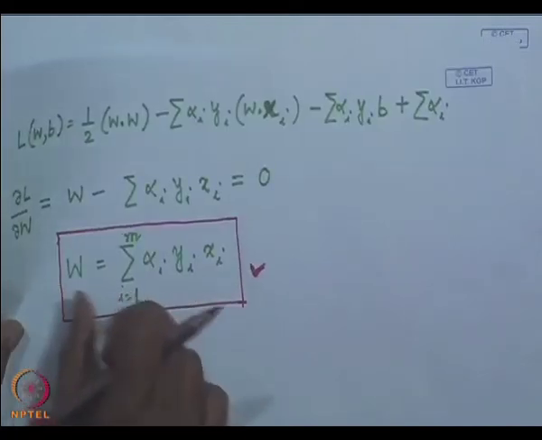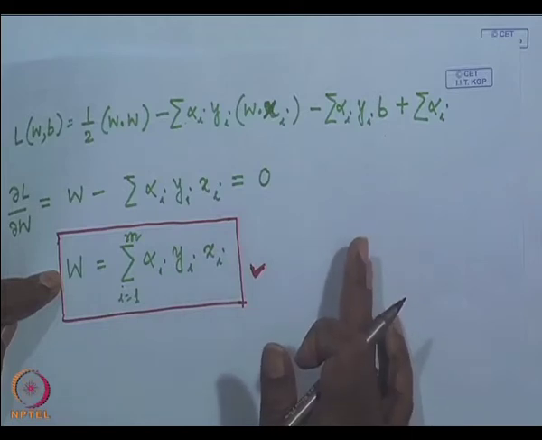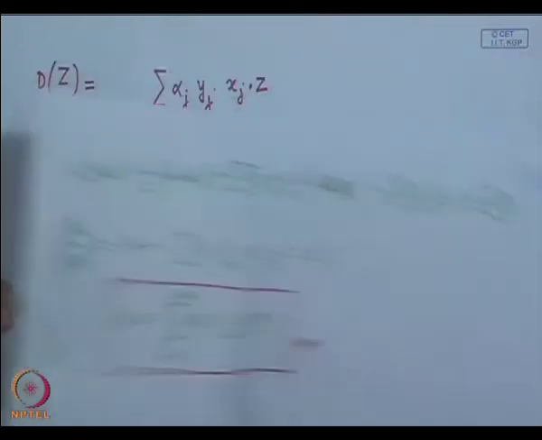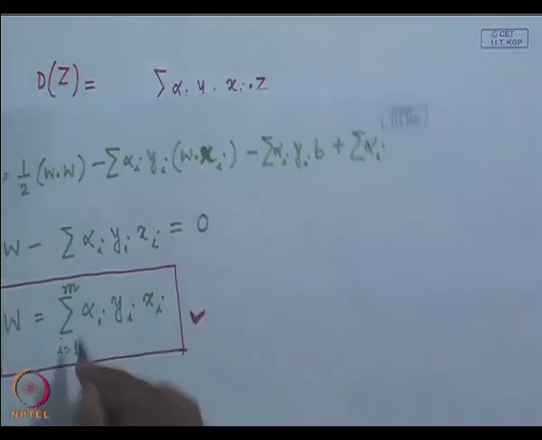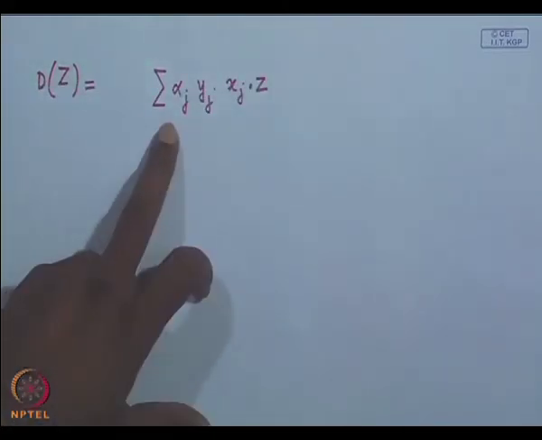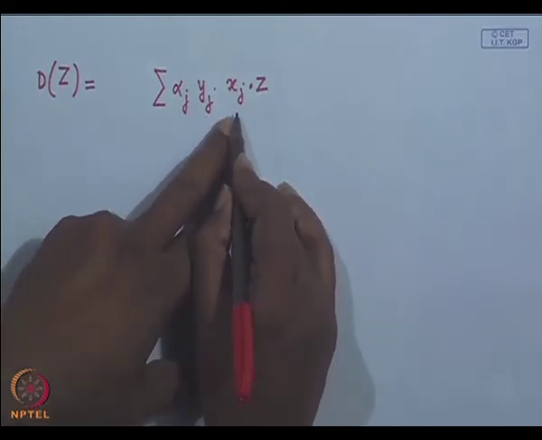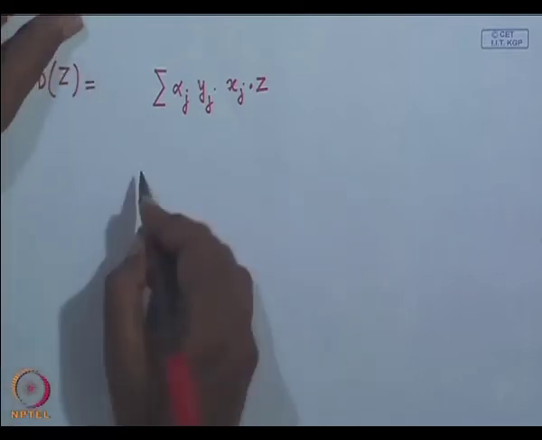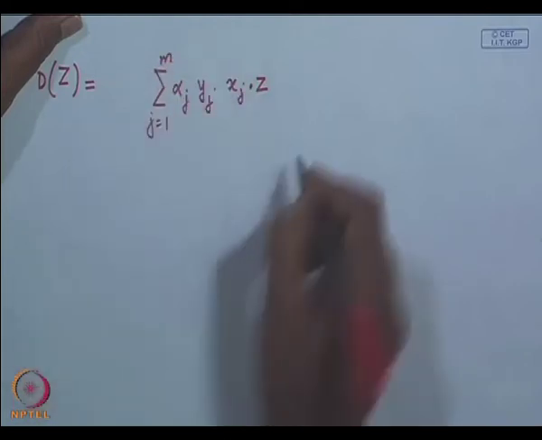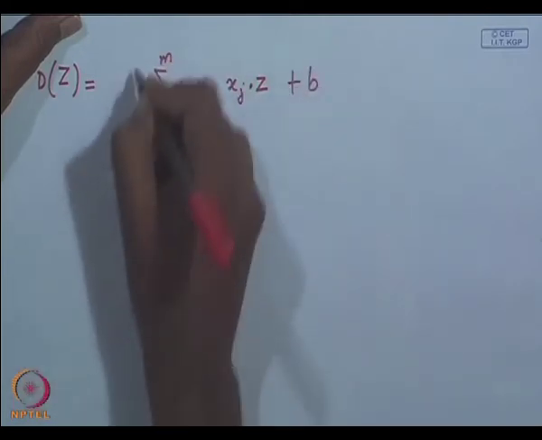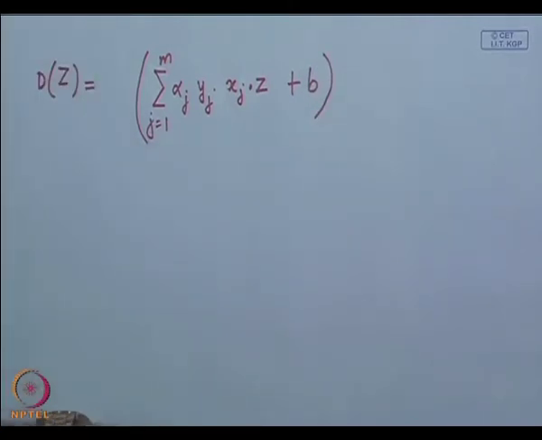And what I have to compute is this w dot z. So that is what I am doing, alpha j, simply this subscript i is replaced by subscript j, so it does not matter. I have to compute alpha j y j x j dot z, take the summation over j equal to 1 to m, plus b, and only the sign of this is important for classification.